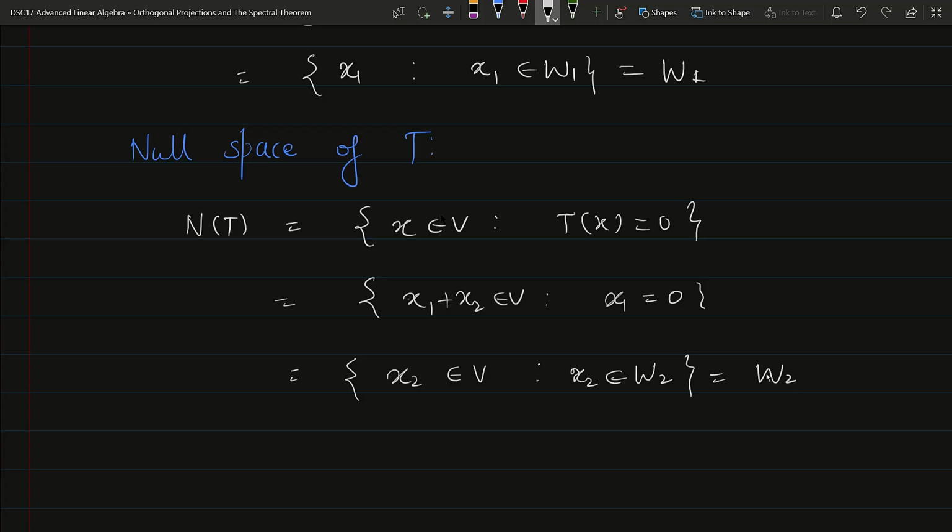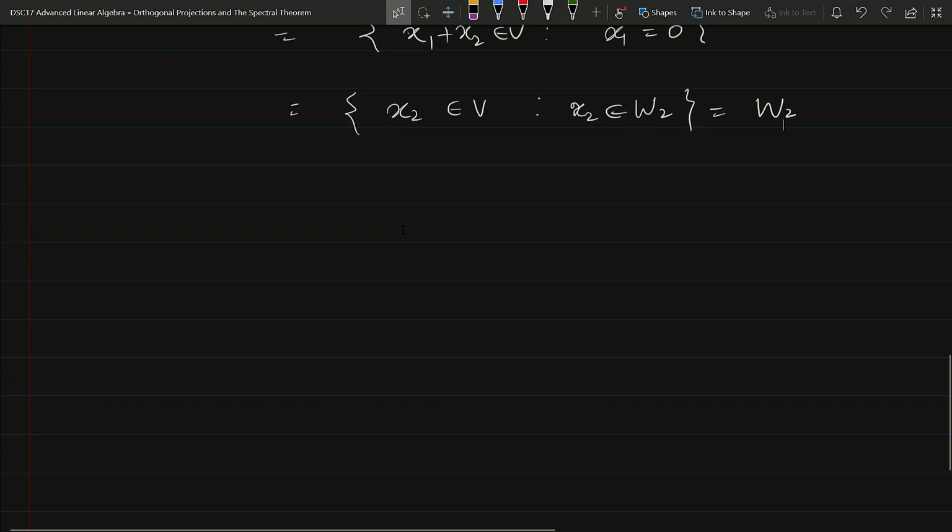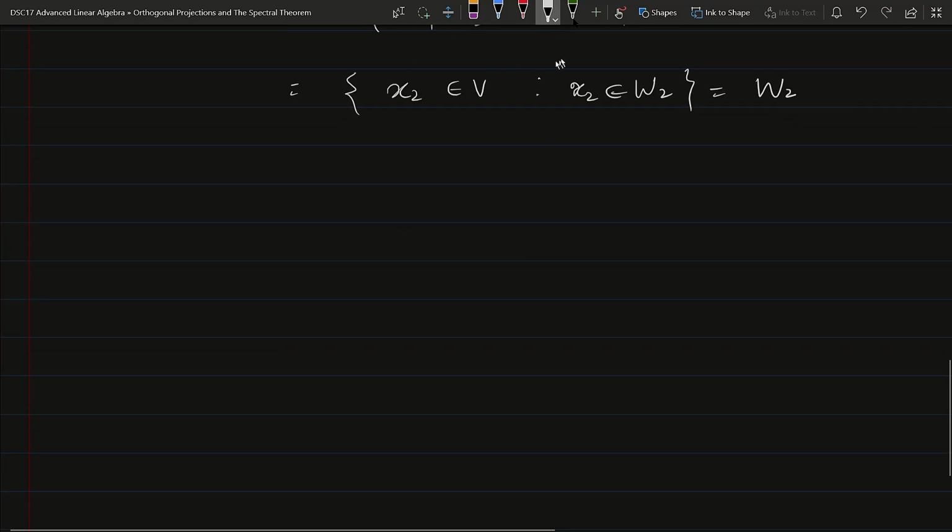So you can say जो हम डायरेक्ट सम आइडेंटिफाई कर रहे हैं w1 और w2 की फॉर्म में, और फिर उस v के लिए जो हमने प्रोजेक्शन डिफाइन किया है ऑन w1 अलोंग w2, सो दिस w1 इज नथिंग बट द रेंज स्पेस ऑफ t एंड w2 इज द नल स्पेस ऑफ t. नाउ इफ यू रिप्लेस w1 and w2 in the representation of v, then we have that v is equal to the range of t.